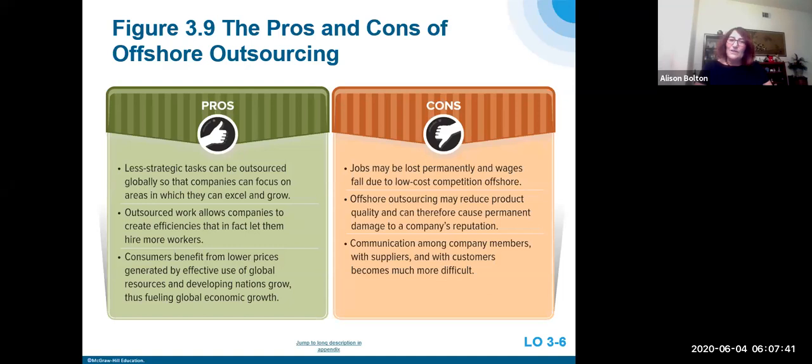There are some pros and cons with offshore outsourcing to be considered. Pros: less strategic tasks, so they're focusing on areas in which they can excel and grow. That's a big pro. Another one is outsourced work allows companies to create efficiencies that in fact let them hire more.